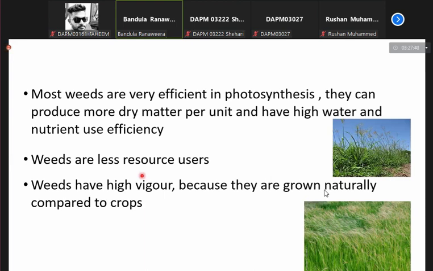So the plants that are grown naturally have higher vigor. That is why native plants are used for breeding, for resistance and other problems in cultivation. Right. So those are some basic characteristics of weed plants.